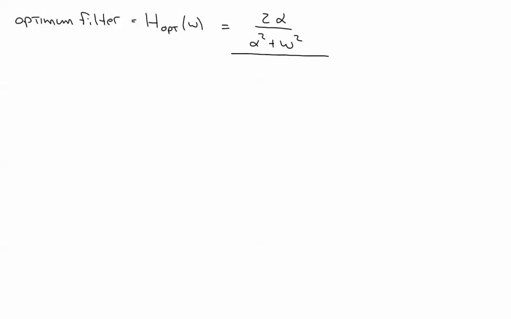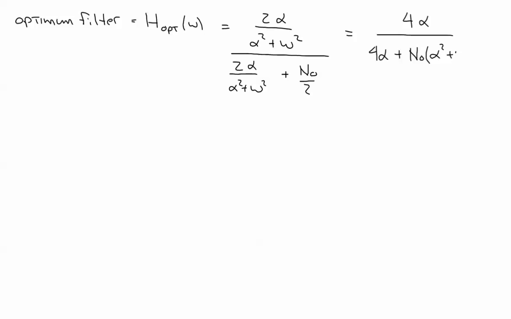The optimum filter is H optimum, and this is going to be 2 alpha over alpha squared plus omega squared over 2 alpha over alpha squared plus omega squared plus N naught over 2, and you can simplify this to find it to be 4 alpha over 4 alpha plus N naught times alpha squared plus omega squared.